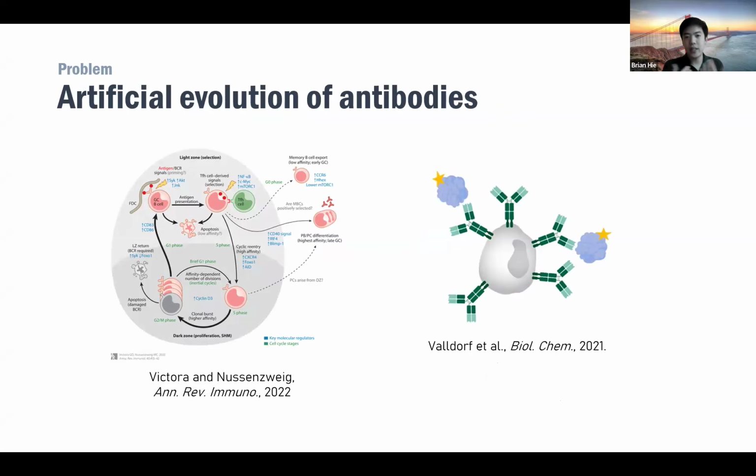And this is typically done via technologies like phage display or cell surface display, where you screen, sometimes millions of antibody variants for improved binding to the target of interest. So we were interested in using language models to maybe narrow that pool of variants from say, thousands or even millions of antibody sequences to around 10 or so.